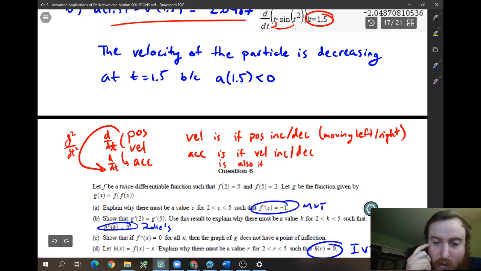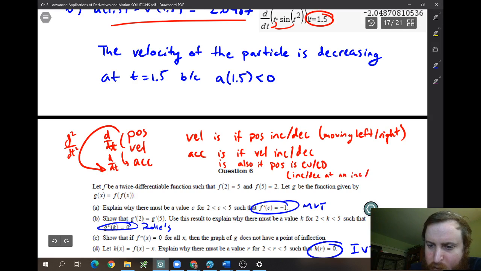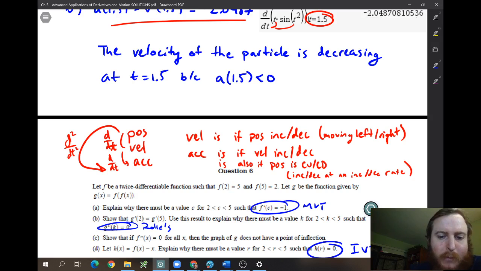So the second derivative deals with concavity, so it's also if the position is concave up or concave down, which would kind of mean it is increasing or decreasing at an increasing or decreasing rate, right? Because it's the rate of the rate. So that's kind of everything you would ever want to know about that.